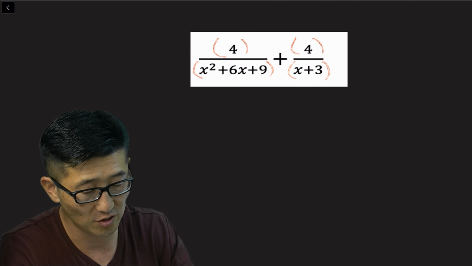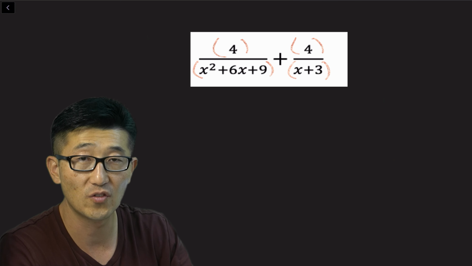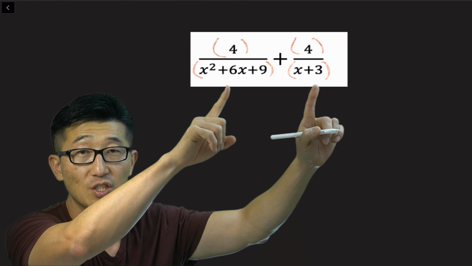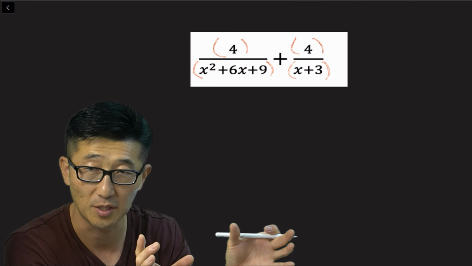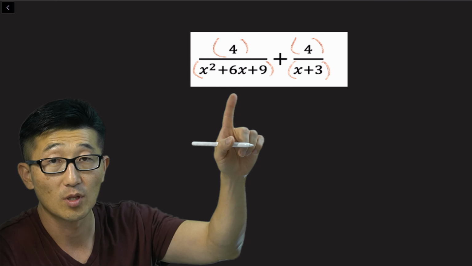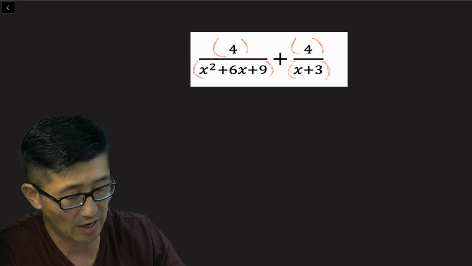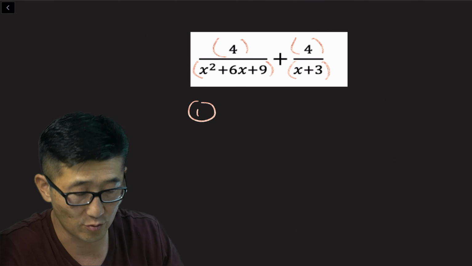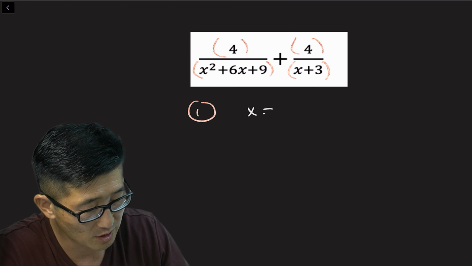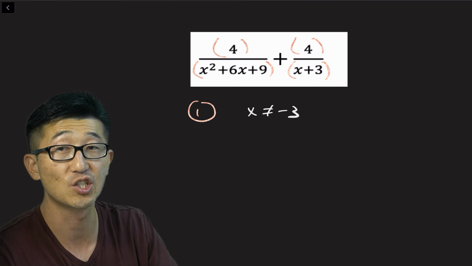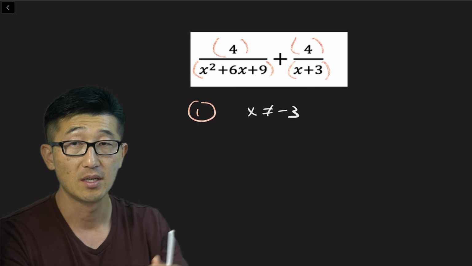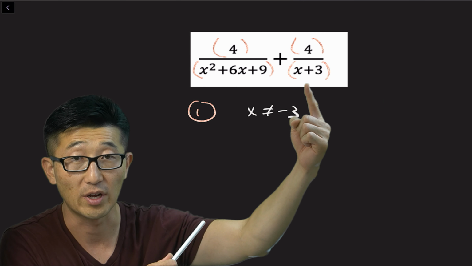Well, we're going to first look for the excluded value and then figure out how to make both fractions end up with the exact same denominator. So we know for here, the excluded value has to be -3. So x must never equal -3, because this will turn into 0 if you plug in -3 right there.